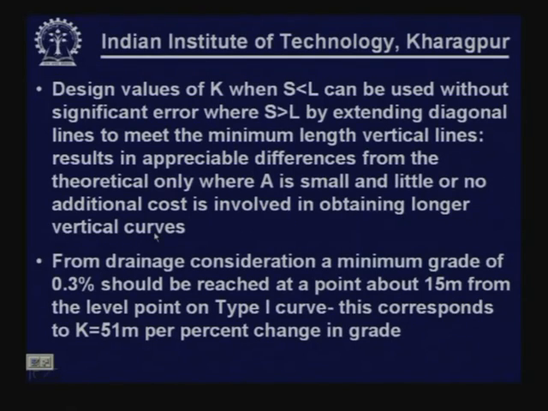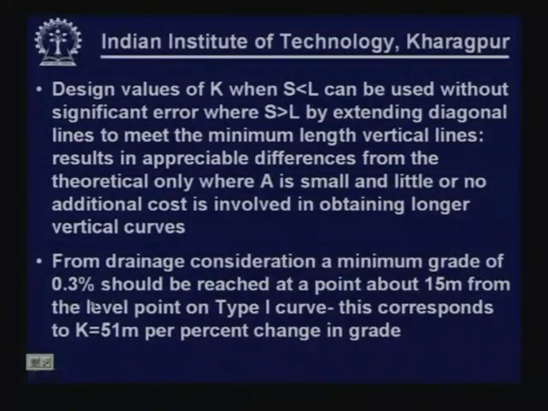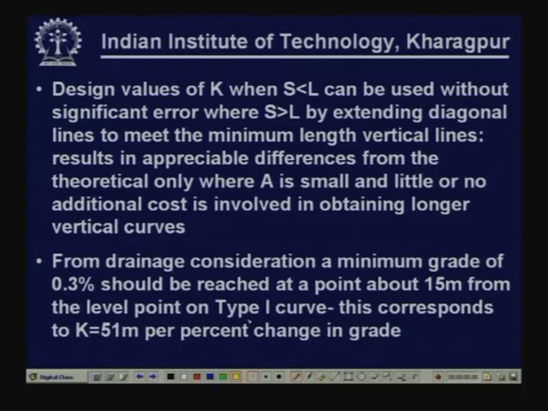Now, let us look at the other component, that is drainage consideration, which is again a very vital part. From drainage consideration, a minimum grade of 0.3% should be reached at a point about 15 meter from the level point on a type 1 curve. What is a type 1 curve? Type 1 curve was like this.